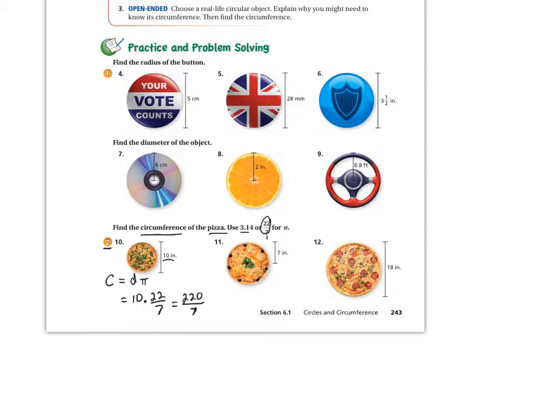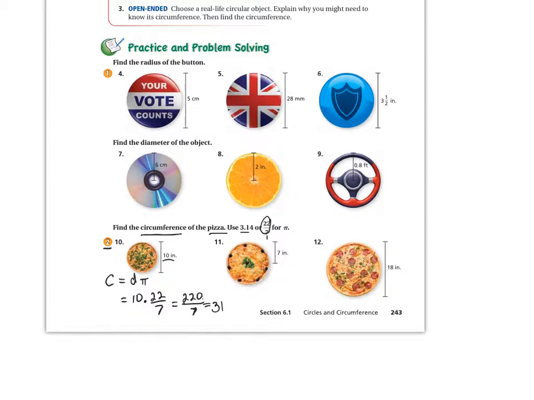So 7 goes into 21 evenly, right? 7 goes into 21 3 times, and 7 will go into 210 30 times, but it's probably going to be 31. So it would be 210 plus 7, which is 217, right?